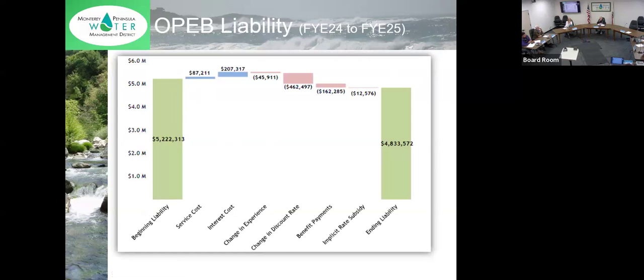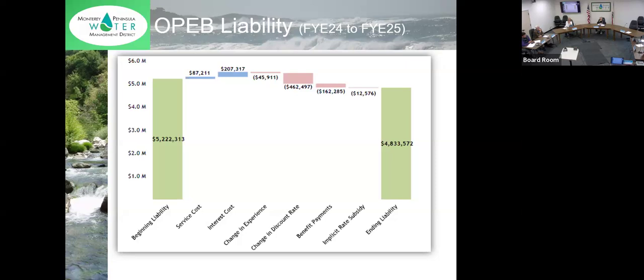And this slight reduction is because of the discount rate that is being used. The discount rate is also prescribed by GASB. It says that we need to use a discount rate for a AA rated government bond. And whatever that discount rate is, that's what the consultant uses. If the discount rate goes up, the present value of that future liability goes down.